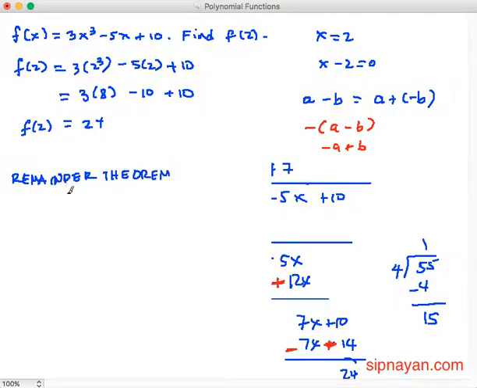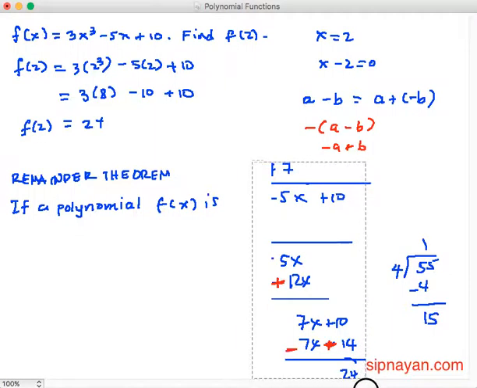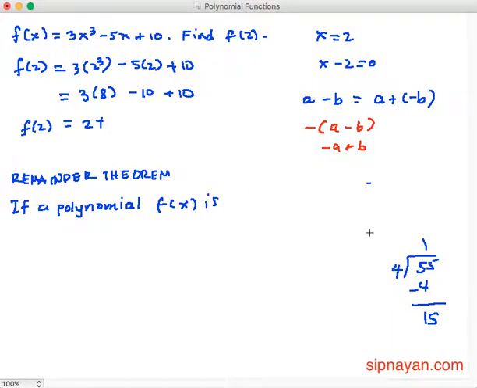So, ibig sabihin lang nito, ang remainder theorem, ang sabi niya, if a polynomial f of x is divided by x minus c, no?